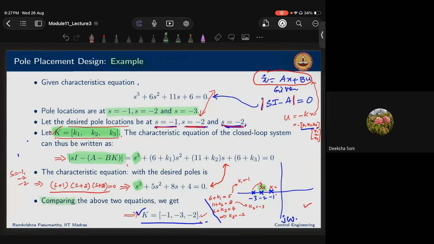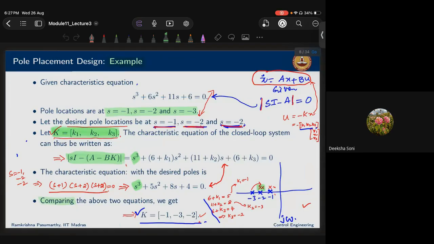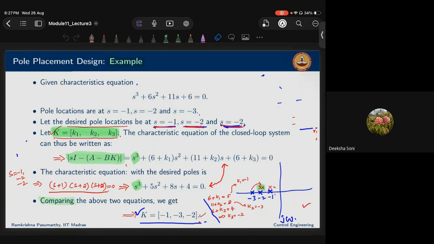So let us see the example. Let me start it freshly, so we'll understand it in a better way. If you get any doubt, please ask me.